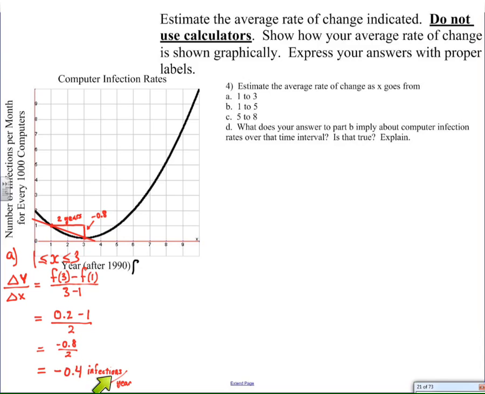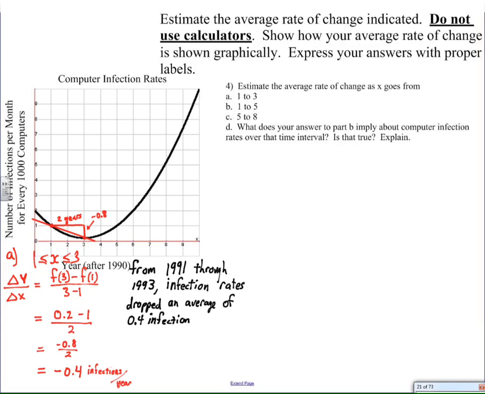Now, just saying infections per year doesn't mean you actually understand what happened over that time, and so that's why we need to state a paragraph or a sentence anyway that translates and unpacks what all of this mathy language is supposed to be telling us. So here's how I did it in my words. From 1991 through 1993, infection rates dropped an average of 0.4 infections per 1,000 computers per month in each of the 2 years from 1991 to 1993.